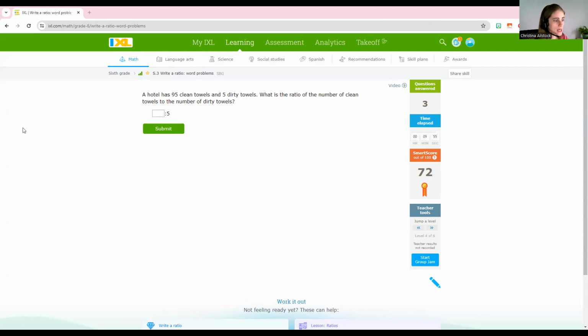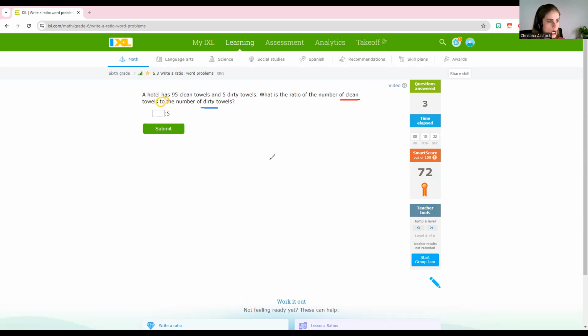Now, be careful, because sometimes it may be just as simple as filling one number in, but remember that last example where we had to do the total. So don't go too quick on these. Make sure you really read it to ensure you're getting the right number in the box. So we're comparing the number of clean to the number of dirty towels.